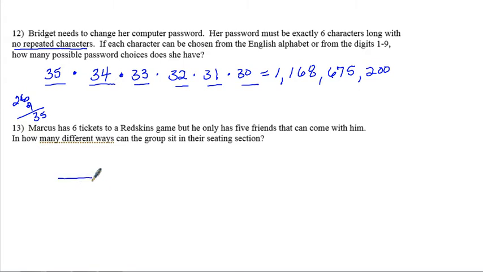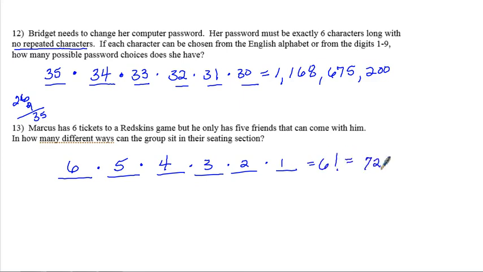So in the first seat, Marcus and his 5 friends, that's a total of 6 people that could possibly sit in the first seat. Now that somebody sat down, only 5 people are available for the second seat. Third seat, there are only 4 people that could sit down, and so on and so forth. So 6 factorial is how we would solve this one, or 720 different ways Marcus and his friends could sit in these seats.